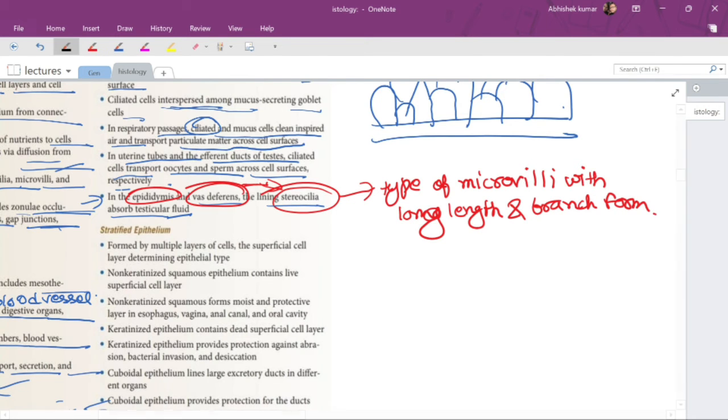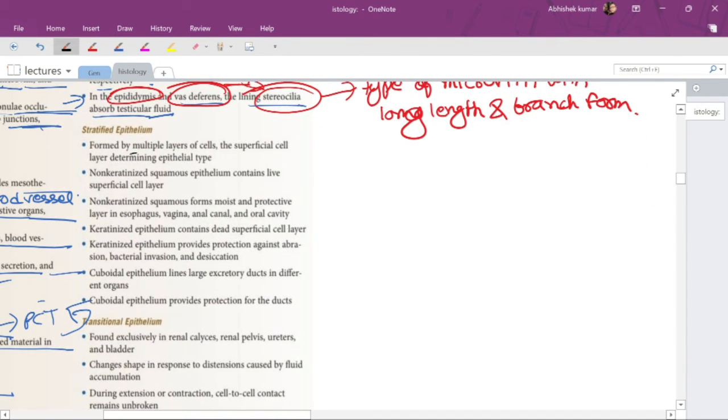Now, stratified epithelium. What is a stratified epithelium? There will be multiple layers of cells. The superficial cells will be epithelial type. It is of two types: non-keratinized and keratinized. Basically, if it has keratin, it will be keratinized, and if it does not have keratin, then it will be non-keratinized epithelium.